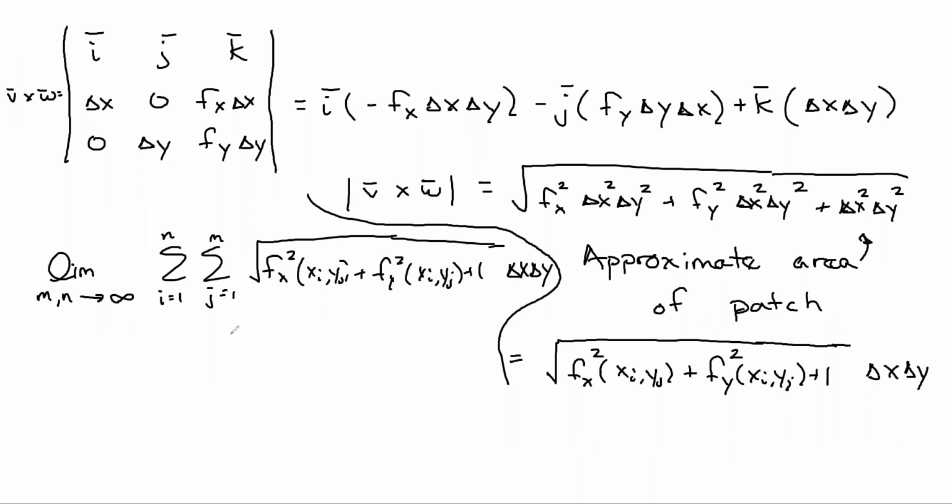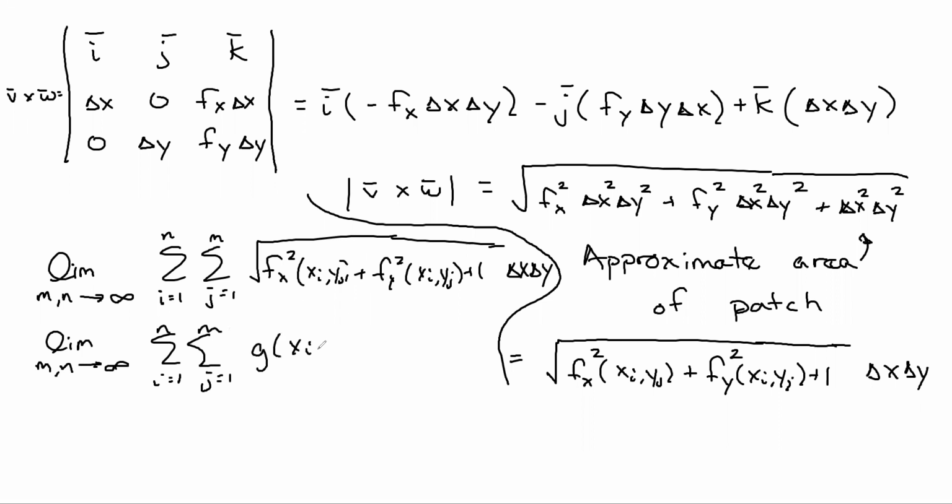That's fine. All right, and so now if you look at this, this is exactly the format that we had for a double integral. So if you go through and substitute this, you rewrite it, limit m, n to infinity, sum i equals 1 to n, sum j equals 1 to m. It doesn't really matter. We'll use g.